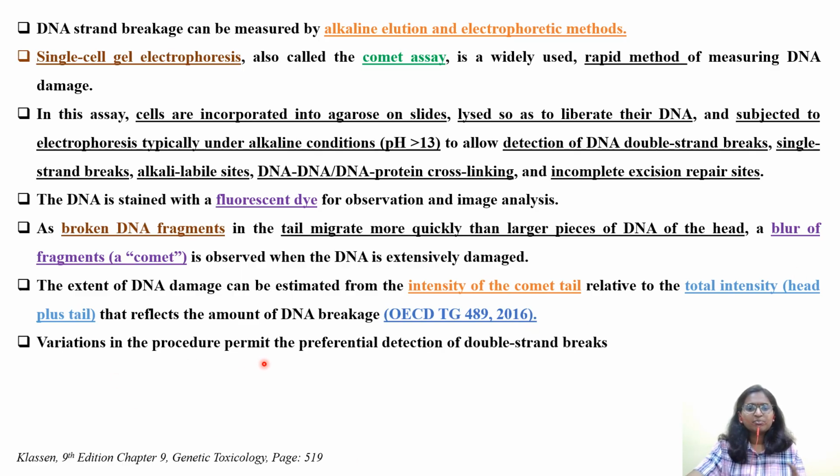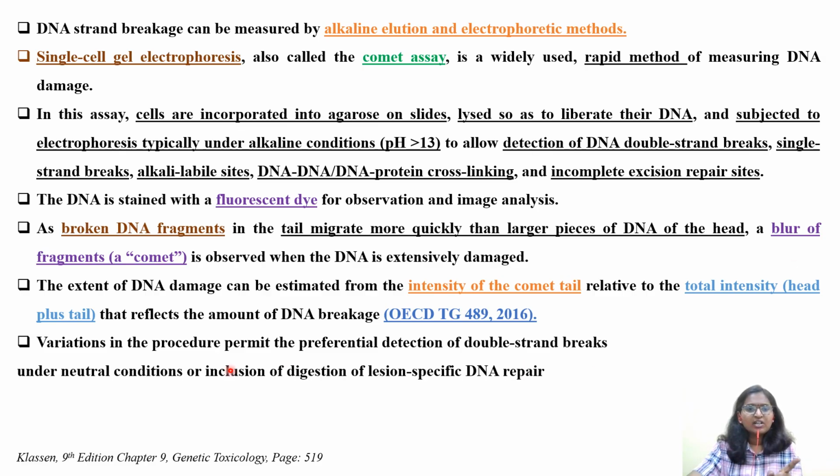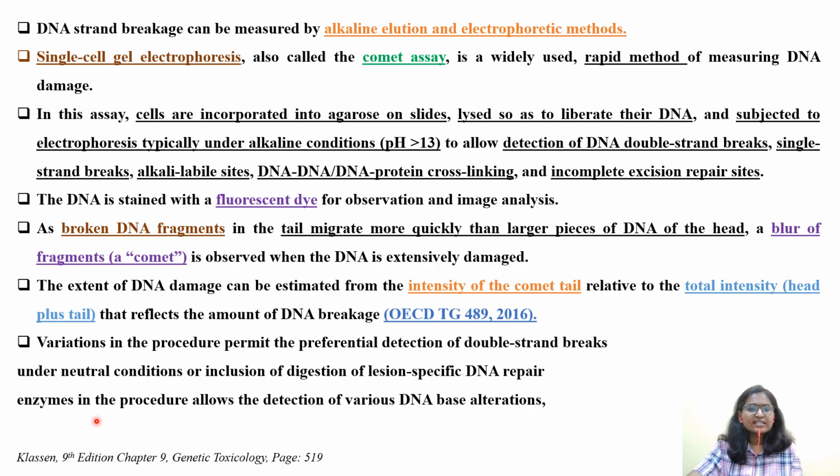Variations in the procedure permit the preferential detection of double strand breaks under neutral conditions. Here it was alkaline conditions. Under neutral conditions, double strand breaks, or inclusion of digestion with lesion specific DNA repair enzymes in the procedure, allows the detection of various DNA base alterations, such as oxidative base DNA damage.